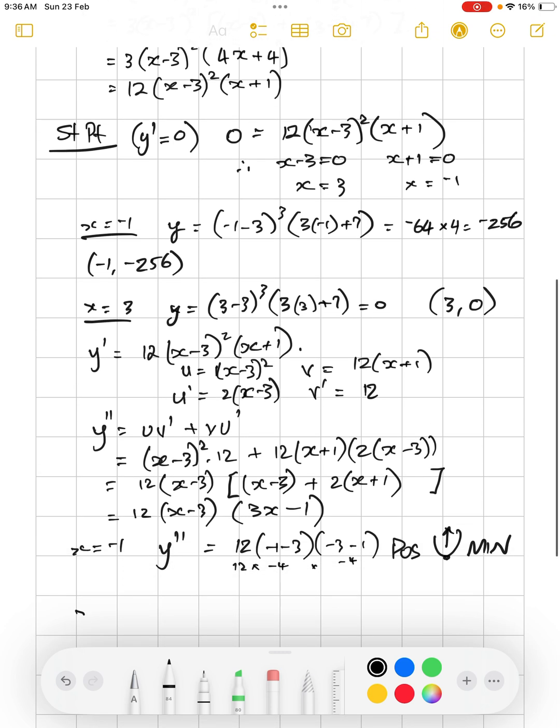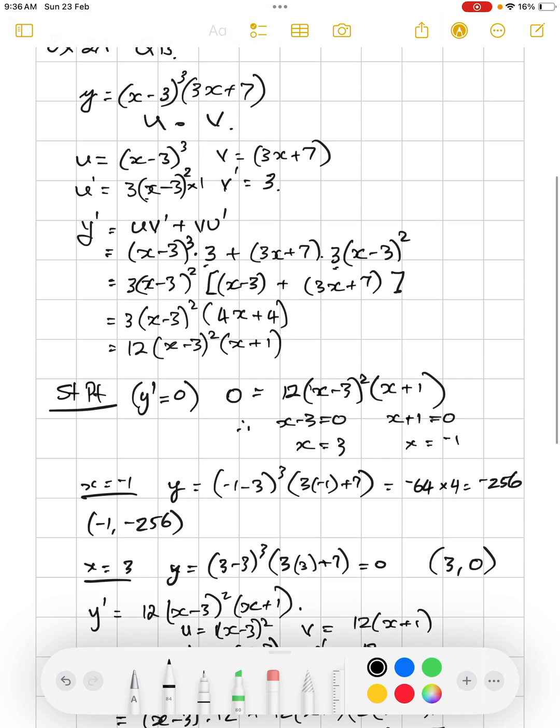When x equals 3, y'' will be 12(3 − 3), and 3 3s are 9, minus 1 is 8, which is 0. Therefore, it could be a point of horizontal inflection.